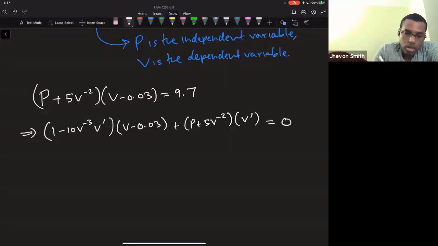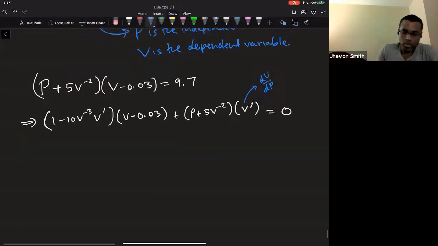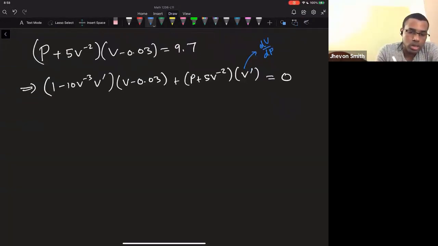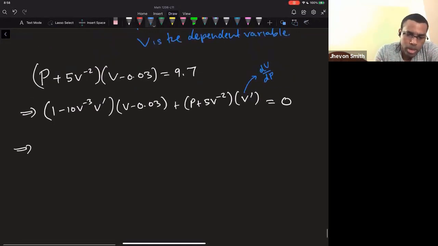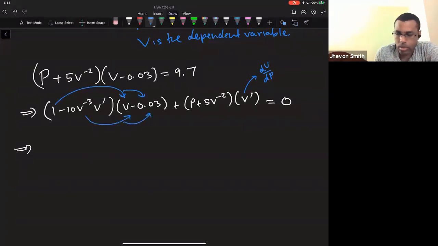Now my V prime, this is the dV/dP, just like how y prime was the dy/dx. And now I want to solve for the V prime. So I would just multiply out. I'm going to multiply 1 times this, 1 times that, then this times that, this times that.